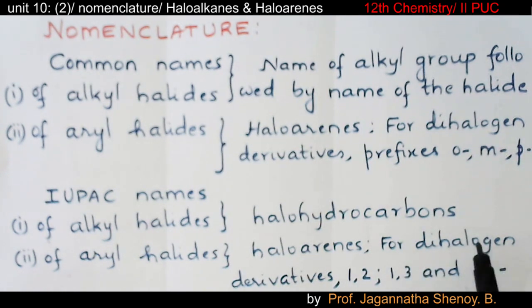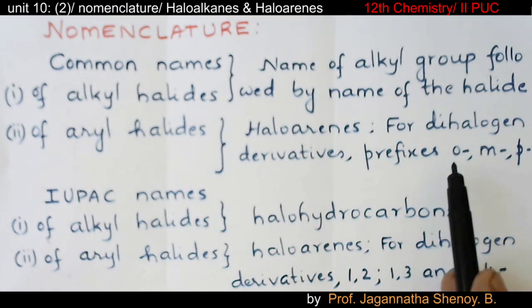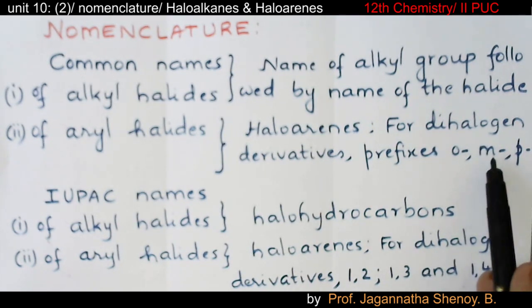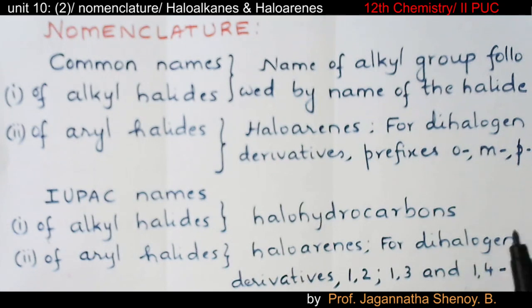And for dihalogen derivatives, instead of ortho, meta, and para, what was used under common nomenclature, we are going to replace them by 1,2, 1,3, and 1,4 respectively. What I mean is, whenever we have ortho, we call them as 1,2. For meta, we say 1,3. And for para, it is 1,4.